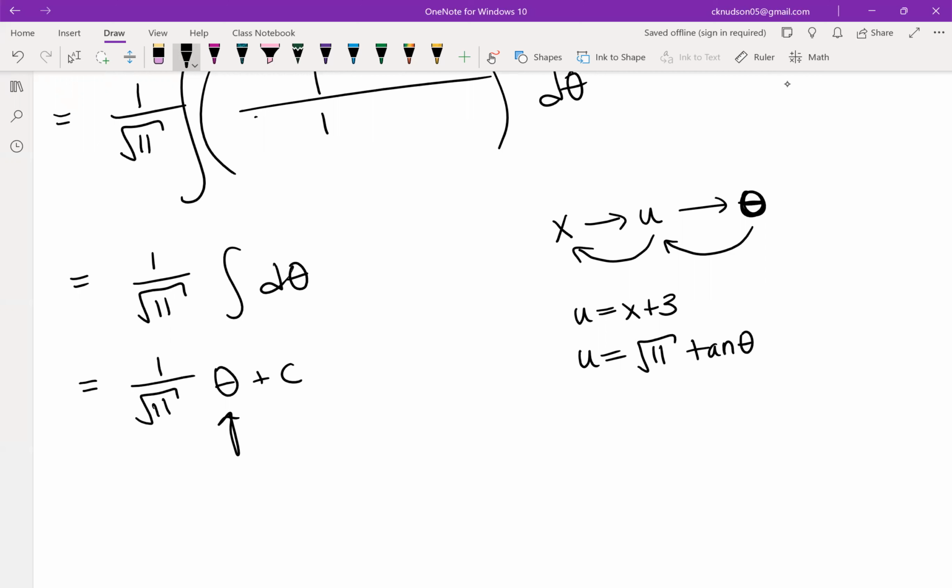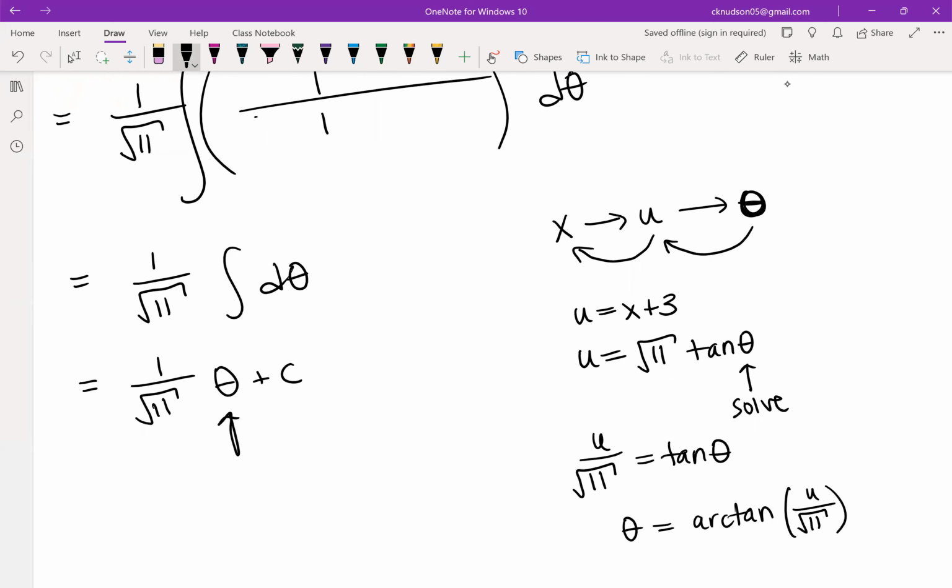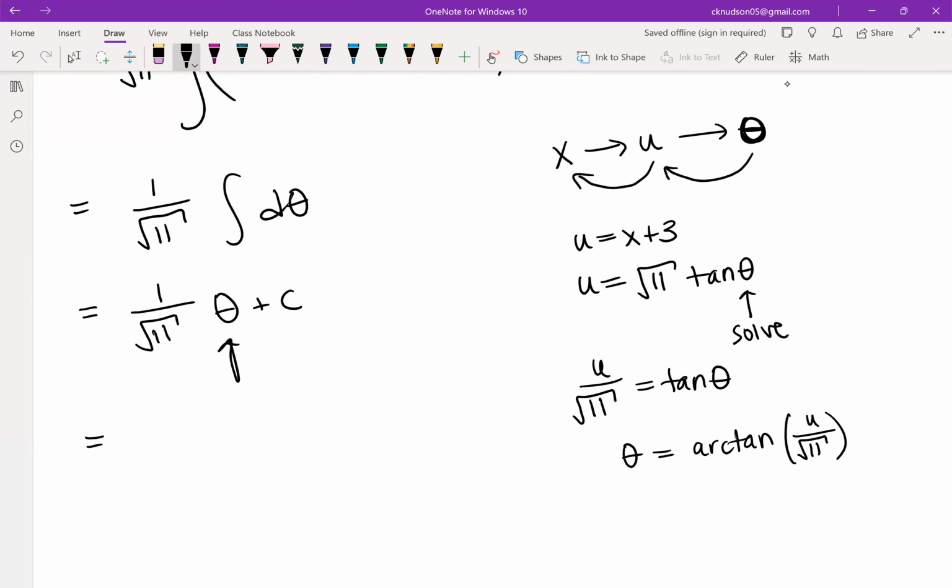Right now we have a plain old theta. Let's solve for theta. So u over the square root of 11 equals tan theta, or in other words, theta is equal to arctan of u over the square root of 11. Okay, so we replace theta with arctan of u over the square root of 11.